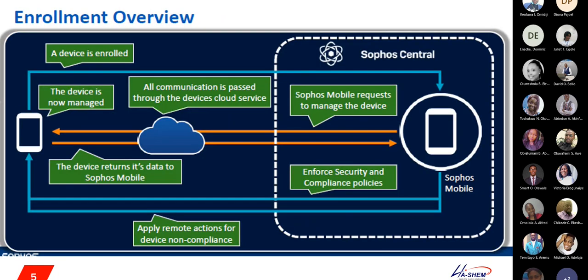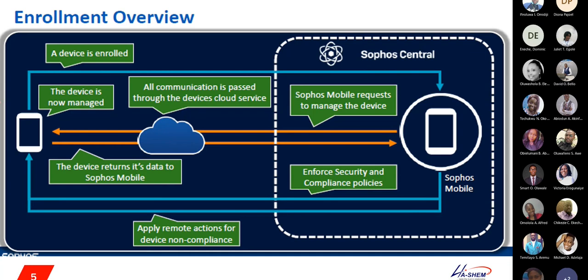For the enrollment, Sophos Mobile makes use of the inbuilt security of the mobile device operating system. For Android devices, you can choose between either Android Enterprise or Device Administrator, which is a legacy management mode. New customers should use the Android Enterprise management mode, whereas device admin should only be used by existing customers.